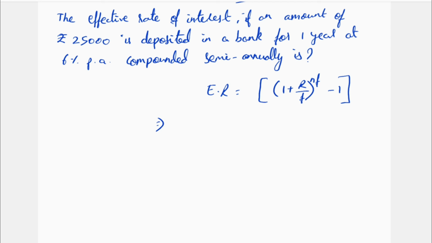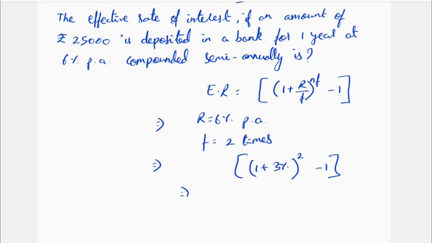Now I have here rate of interest is 6% per annum. Compounding frequency is equal to 2 times. Semi-annually, so in 1 year you are compounding 2 times. So I simply have to substitute 1 plus R by F is 3%, the whole raised to the power of 1 year into 2 times, that is 2, minus 1.